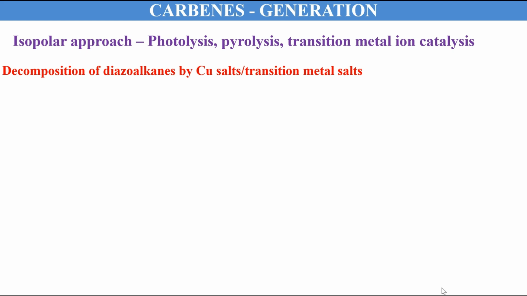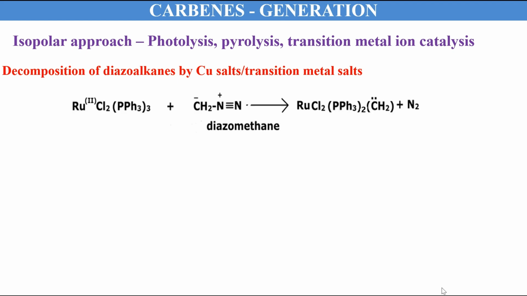We can decompose diazoalkanes by using copper salt or other transition metals. I take dichlororuthenium tris(triphenylphosphine) and treat it with a diazoalkane like diazomethane.